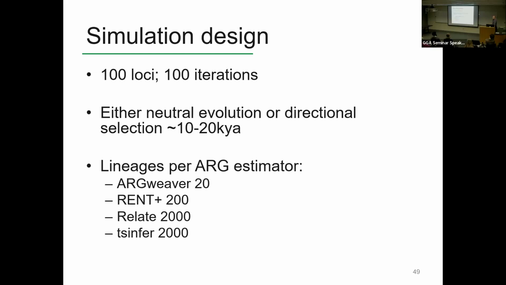And the interesting piece is that we're going to feed every one of these software packages as many lineages as it can take, roughly. The difference between these is that ARG-Weaver has really satisfying statistical properties, but again, it can only take a few dozen haplotypes in, whereas Relate and TS-Infer scale to much, much larger samples. So if I can feed in a much bigger sample, we should probably expect to do a lot better with this task.